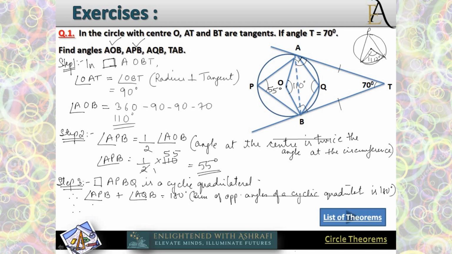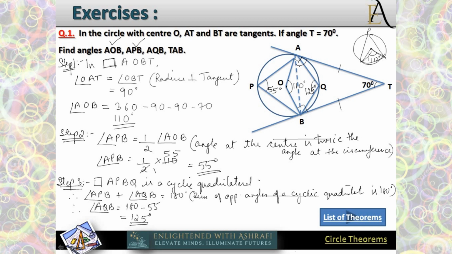So therefore angle AQB is equal to 180 minus 55, which gives me 125 degrees.